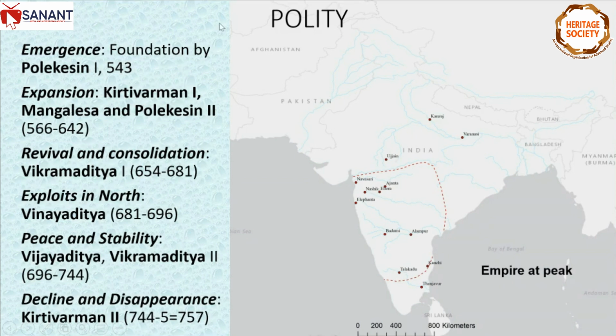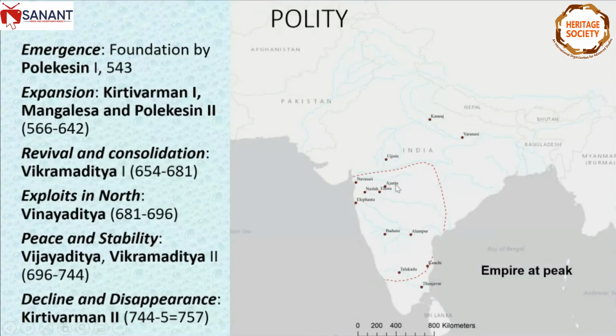He fortified it and began the activities of the Chalukyas in terms of art and architecture in this place, Badami. Then his successors, Kirtivarman I, Mangalesha, and Pulakeshin II, expanded the kingdom, and the borders were extended to that of an empire, extending up to the Narmada River in the north and Kaveri in the south. You can see the whole of this region came under their control.